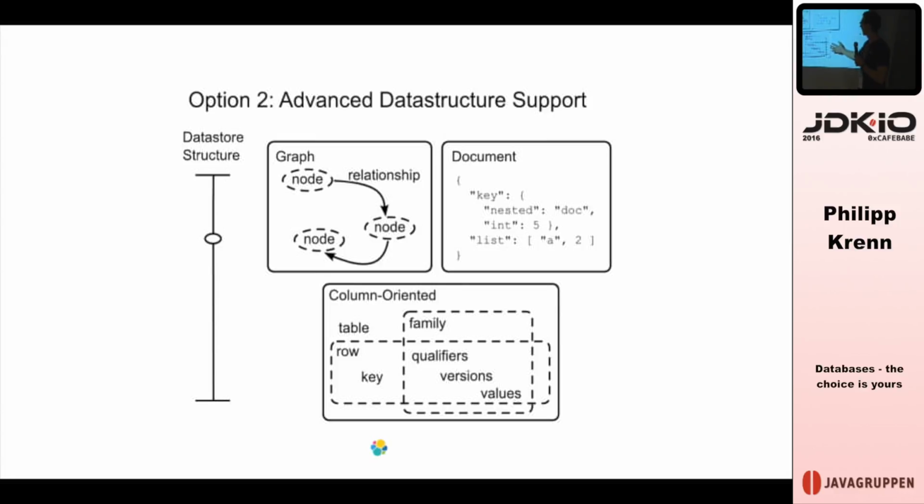And then you have column family or column-oriented databases, where you don't only have the two-dimensional structure of a column and a row that you're used to in relational databases, but normally a third dimension with time-stamped values, and you can group columns together.